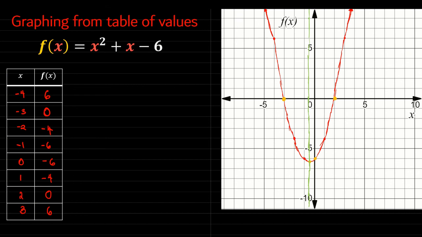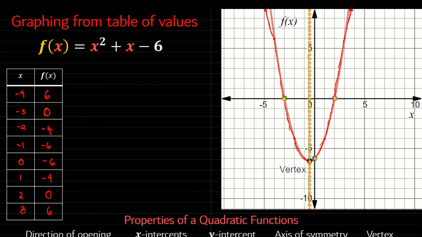Yeah. So let's compare that with what it actually looks like. Wow, look at that, brilliant. So this is what it actually looks like, right? The vertex, the x-intercepts, and everything is right there. So the next thing we'll do is look at how we can graph a quadratic function by using the properties. So we solve for the properties: we get the direction of opening, the x-intercepts, the y-intercept, the axis of symmetry, and the vertex.